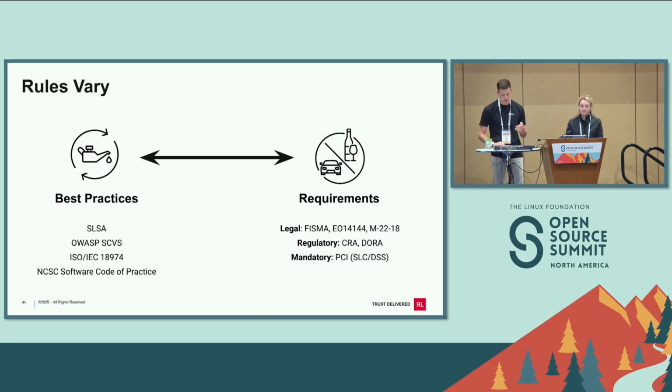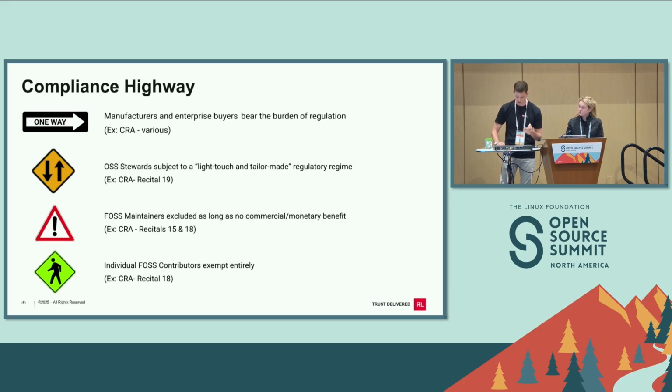And so for that reason, I wanted to continue our dissection of those roles on the next slide and what they mean for compliance. And rather than just taking my word for it, I've extracted various references from an example regulation, in this case the CRA, the Cyber Resilience Act, to support those claims, just to give you confidence this isn't just me on my pedestal standing up here telling you these things are important. There's actually a regulatory oversight body in the EU specifically that is saying the same thing.